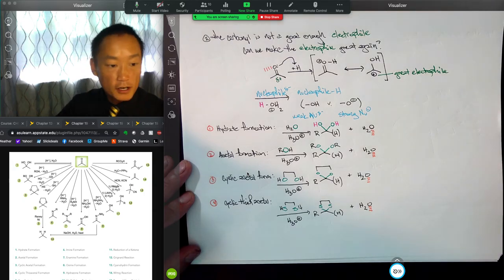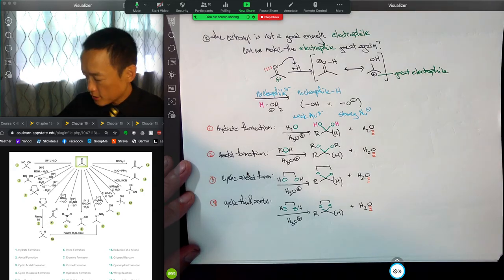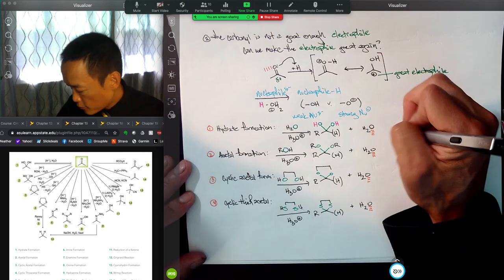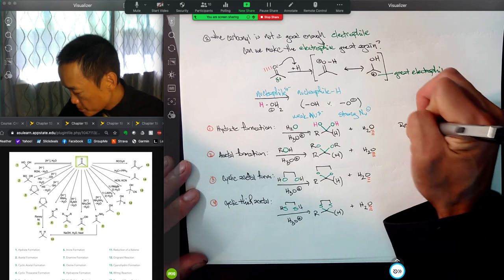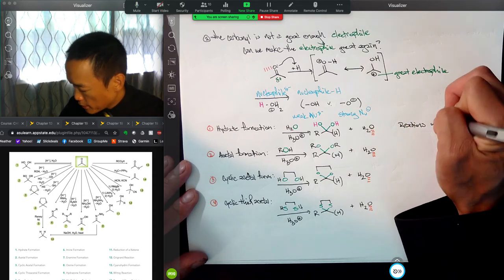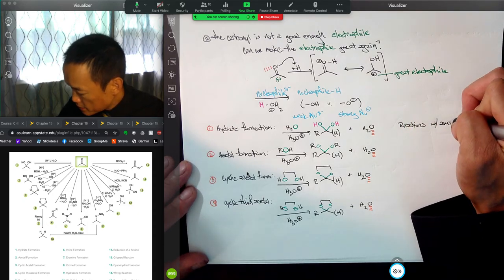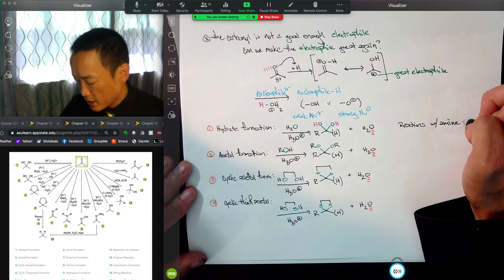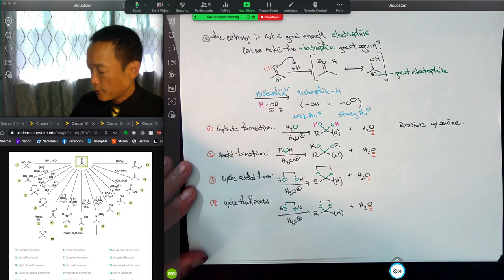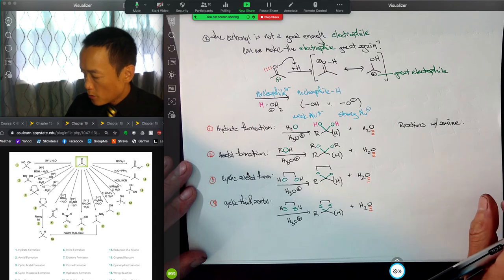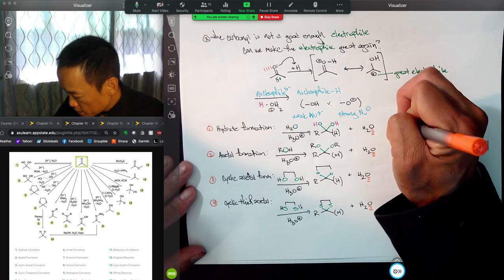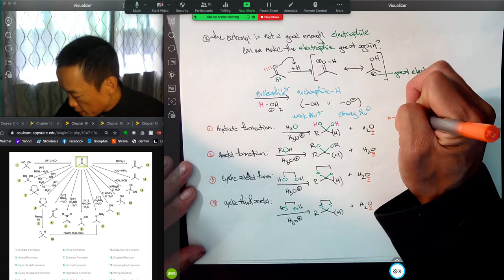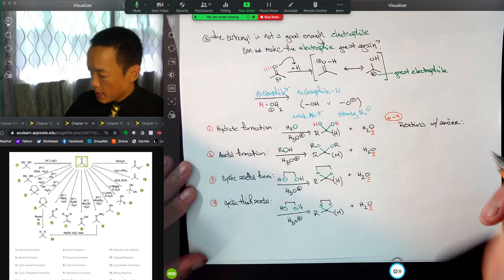Let's see. All the rest of these reactions are with amines. And we won't get into this today. This will be the beginning of our lecture tomorrow. But this would be reaction 6, 7, 8, and 9. 6 through 9. Reactions with amines.